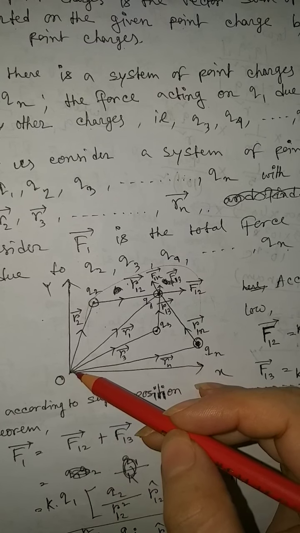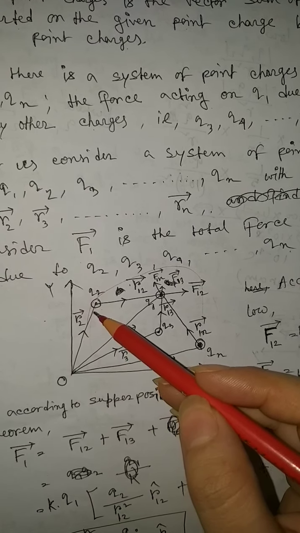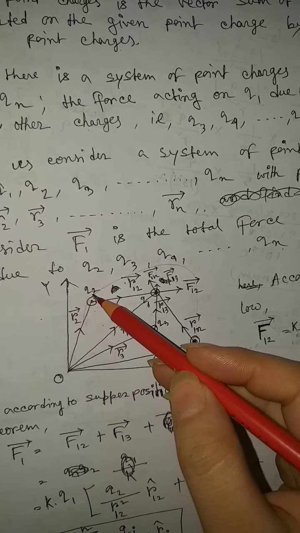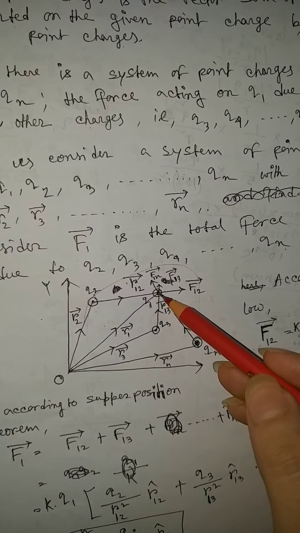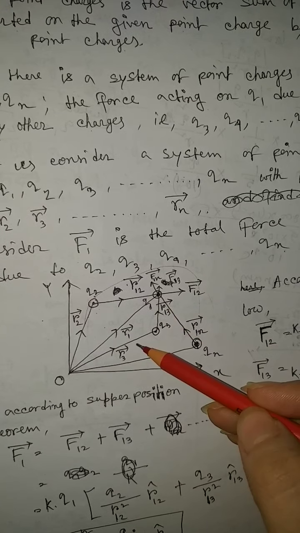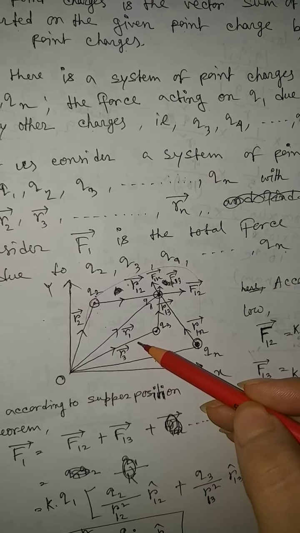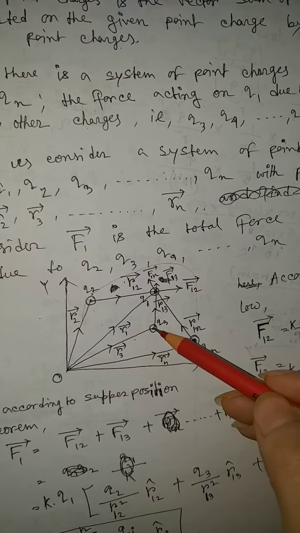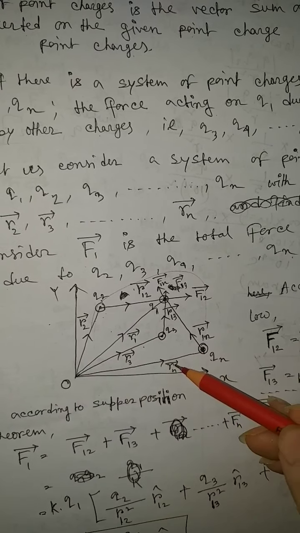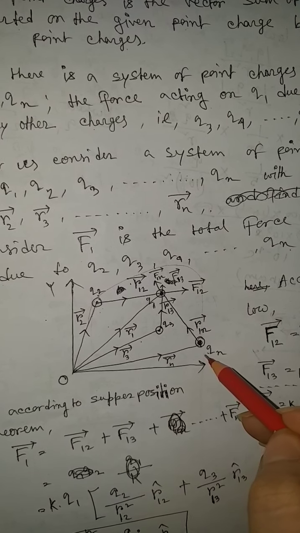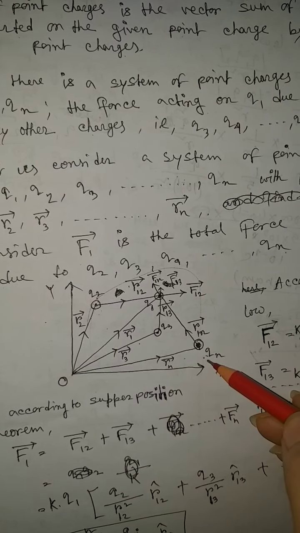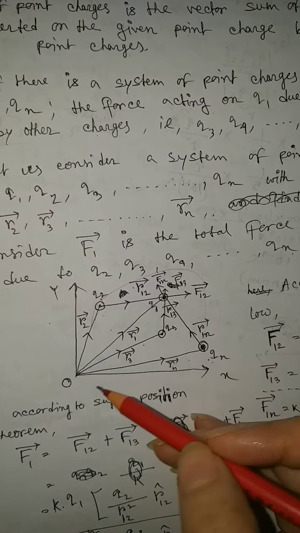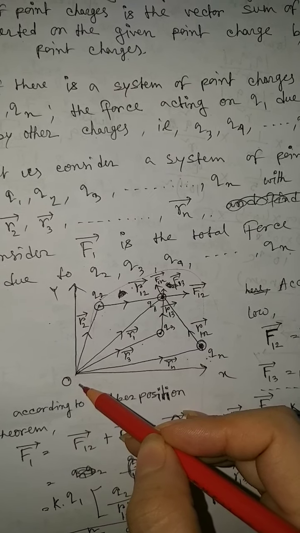I am considering R2 vector as the position vector of Q2 charge, R1 vector as the position vector of Q1 charge, R3 vector as the position vector of Q3 charge, and Rn as the position vector of Qn charge with respect to the origin O.